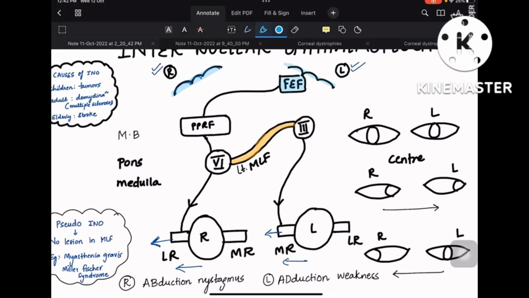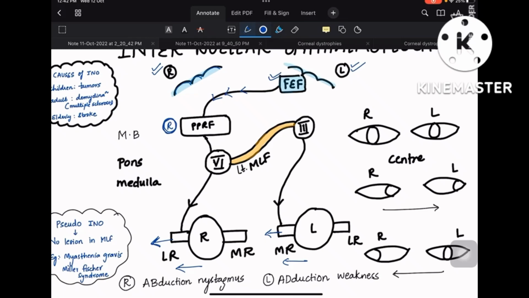This is the frontal eye field of the contralateral side. Let us suppose you are sending the signals towards the right eye. Then your left frontal eye field gets activated and sends the impulses. So your left frontal eye field sends the signals towards your right parapontine reticular formation.